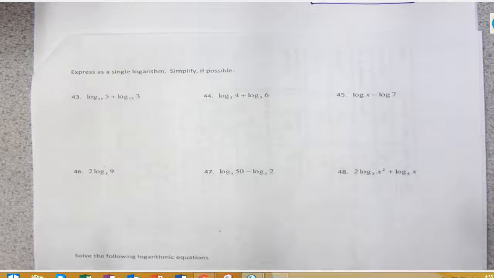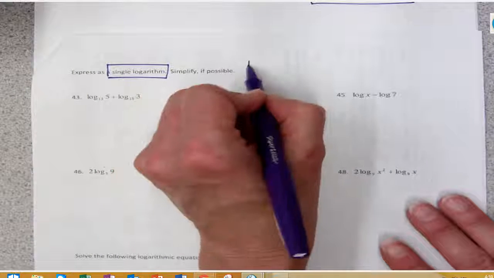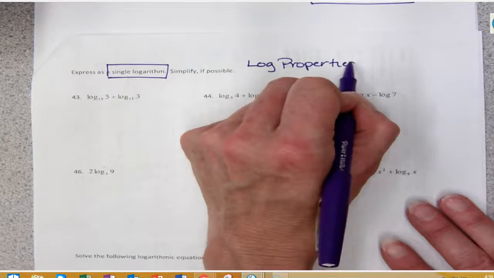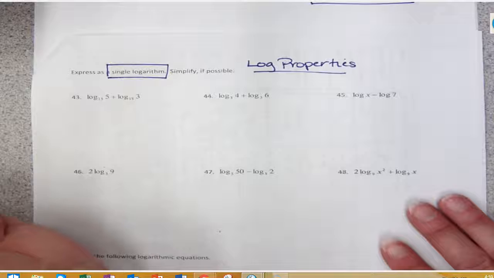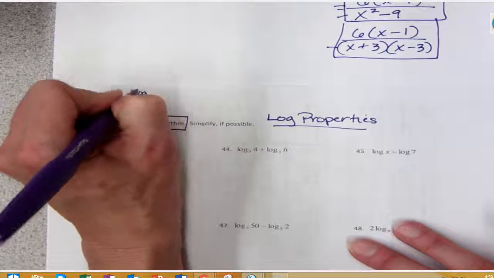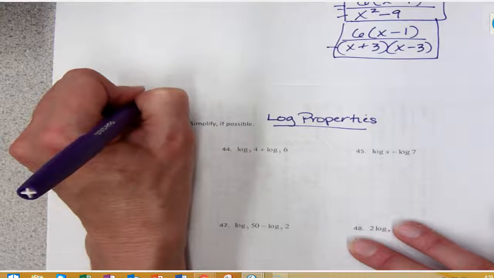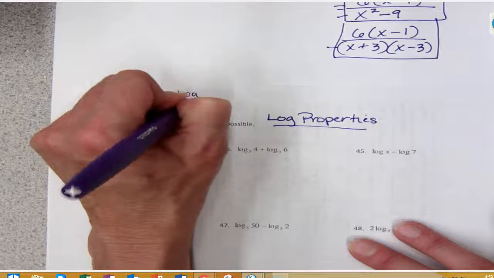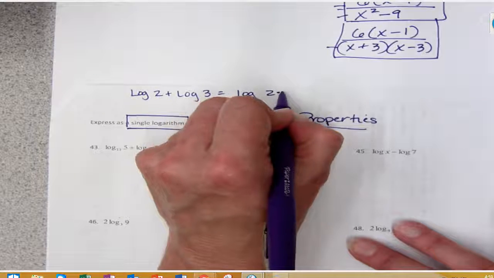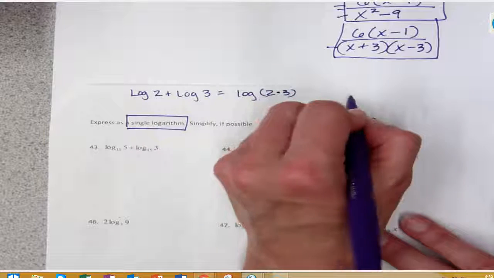Let's go on. So these are expressed as a single logarithm. So this is using your log properties. All right. If you guys remember, when you have log of 2 plus log of 3, then you actually get log 2 times 3. That's one of your properties, but these all have to have the same base.